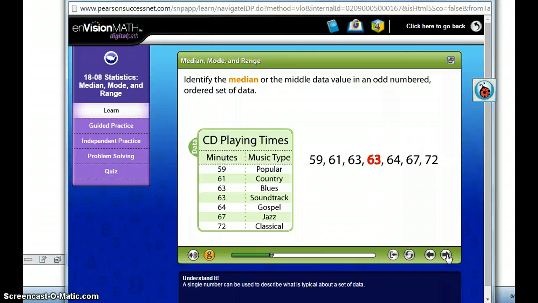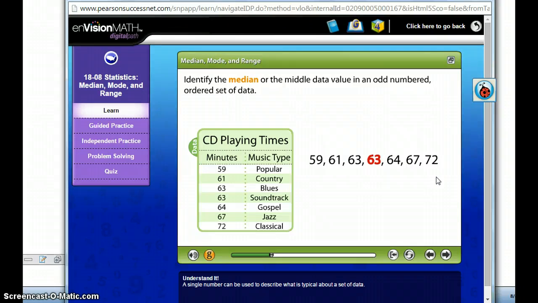When you have an odd number of numbers in your set of data, we have 1, 2, 3, 4, 5, 6, 7, which is odd, then that works, because we have only one number as the median.